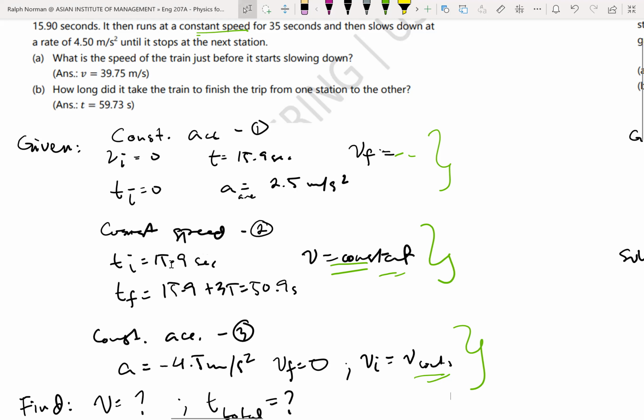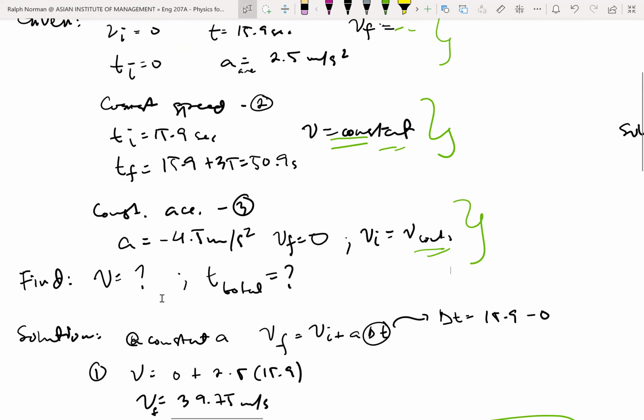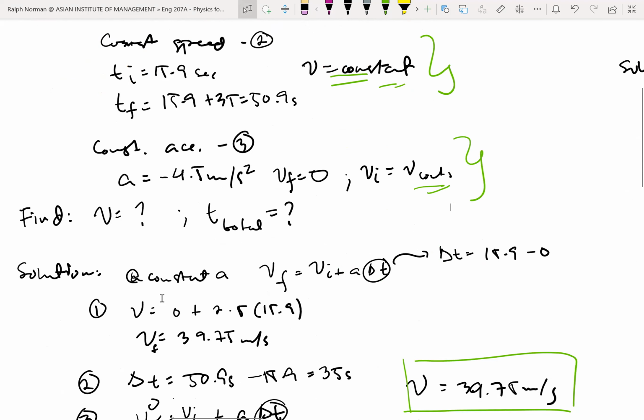Okay? We solve this. If you would recall, at constant acceleration, this equation: Vf equals Vi plus a delta t. And this particular delta t is simply 15.9 minus 0.